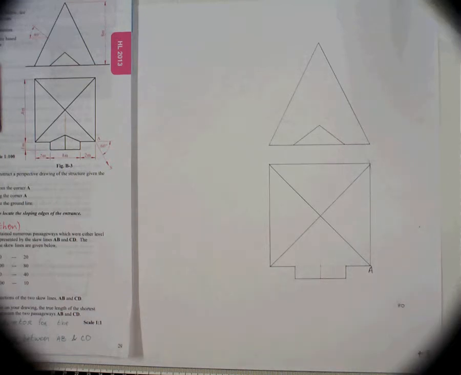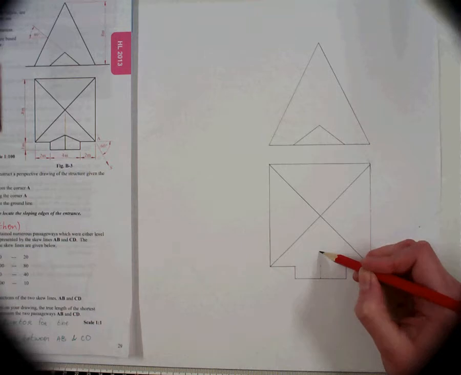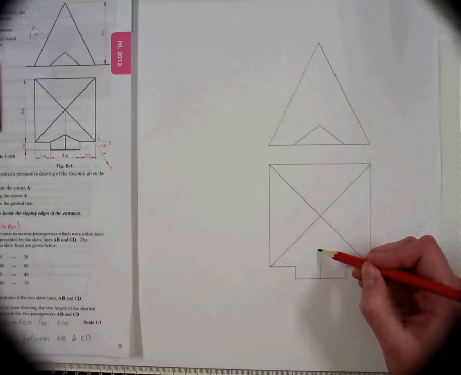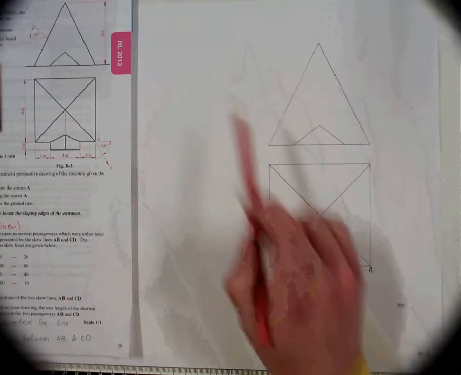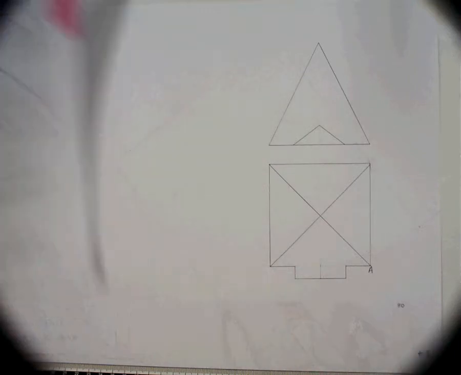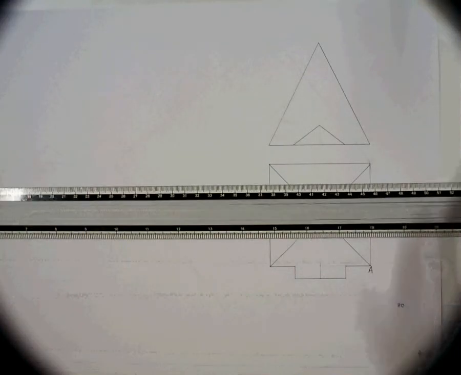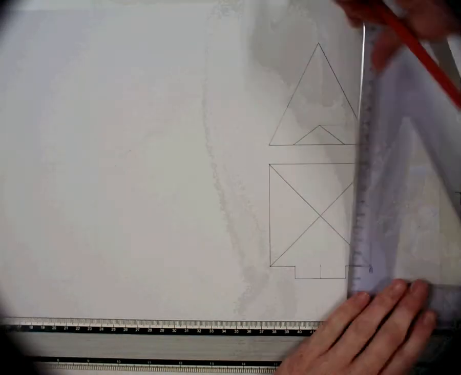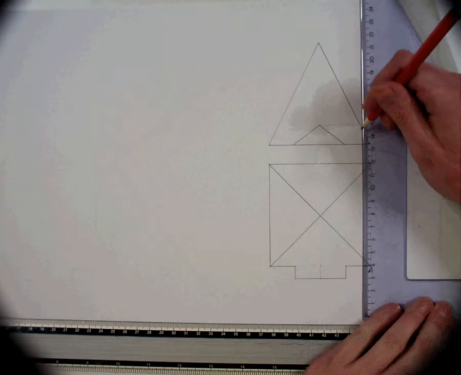The only part that is difficult is finding how far in the roof at the front of it will jut in. To do this, there are 2 ways of doing it. You can do an end elevation up here and transfer your heights across, or the faster way of doing it is to take the height of that roof, transfer it to your edge, bring it down to your plan and transfer it across.